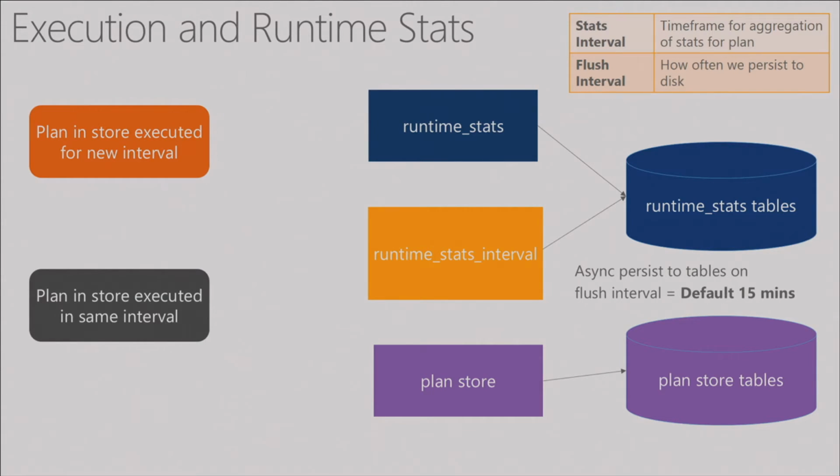And then the async process takes the data and stores it in the table. But basically, that doesn't affect the way you see the data. When you query the Query Store data, you'll always see unified data, always the latest state. If you executed a query a second ago, you'll see that in Query Store. No delay. That's important.